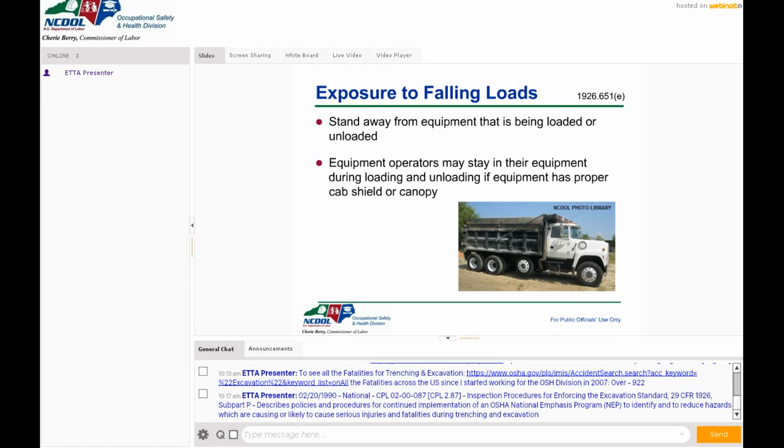Otherwise, the dump truck operator must get out of the piece of equipment while it's being loaded. And this is specified in the standard as well. And this particular dump truck would not have adequate protection if they were loading from the front or crossing over the cab with the load.